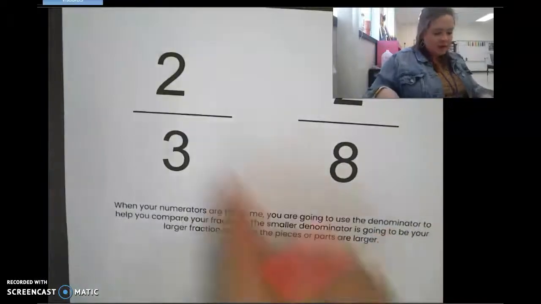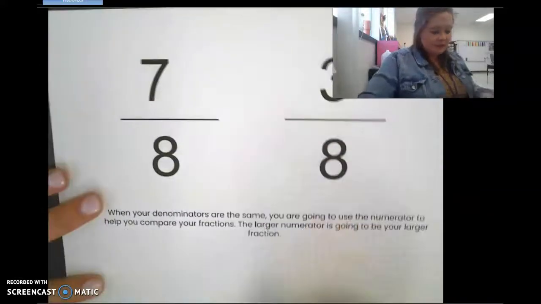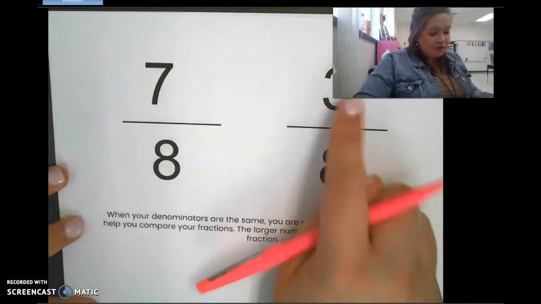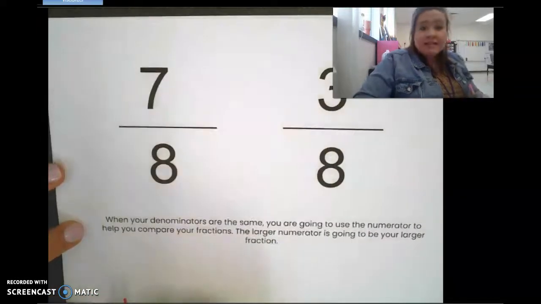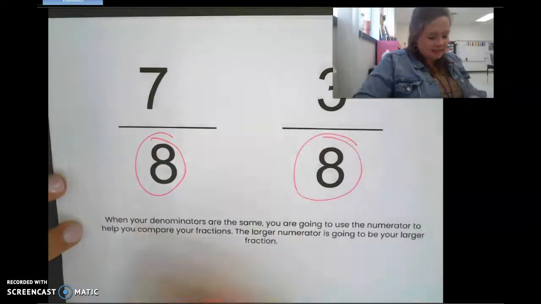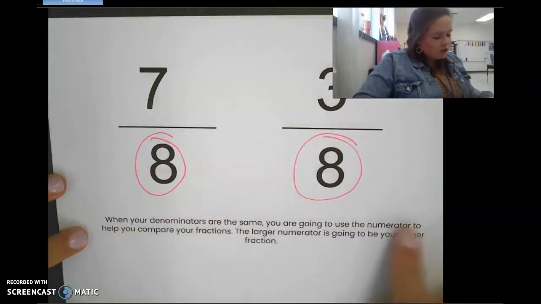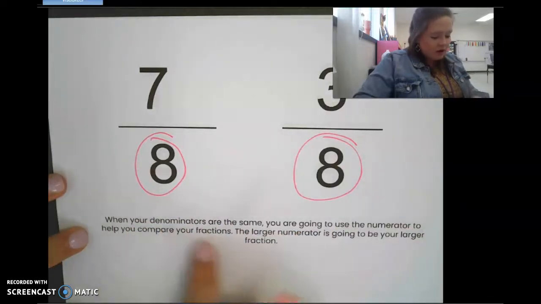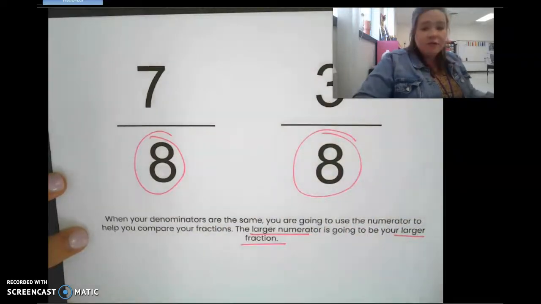All right, let's do one more. Let's do one with different fractions, 7/8 and 3/8. Okay, the same denominator on both fractions. When your denominators are the same, you're going to use your numerator to help you compare your fractions. The larger numerator is going to be your larger fraction.